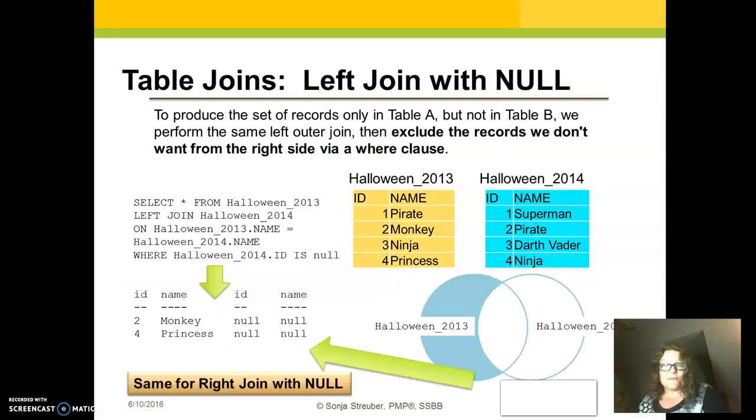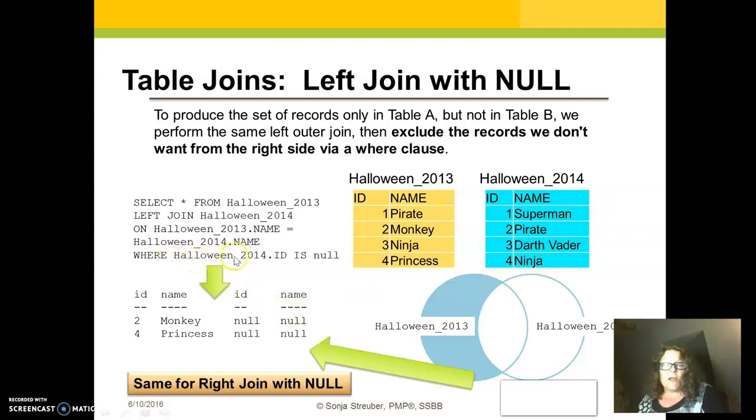That's the right join. We can decide to do a left join with null and to display only the information that is in one table but not in the other, and that is not shared between the two tables. That's what you're seeing here. Here we would say we're going to select everything from this table. We're going to left join it to this table on the name column. That's nothing new.